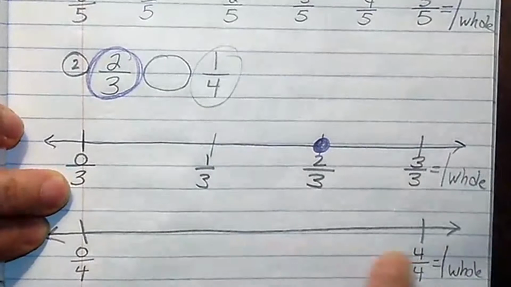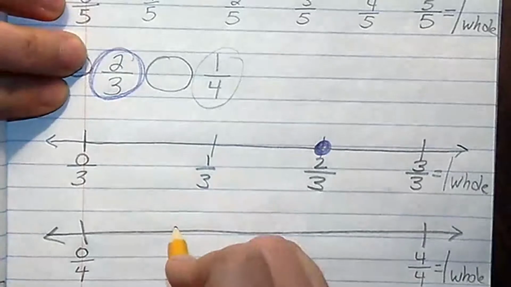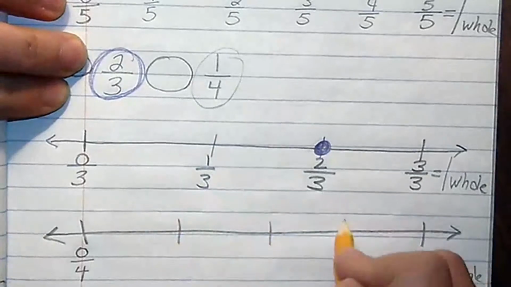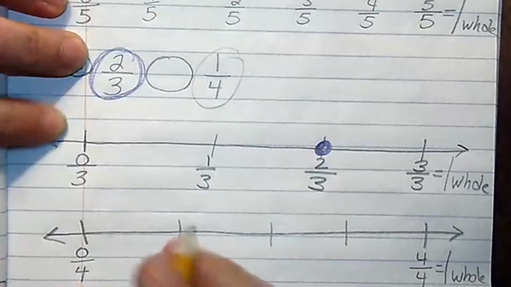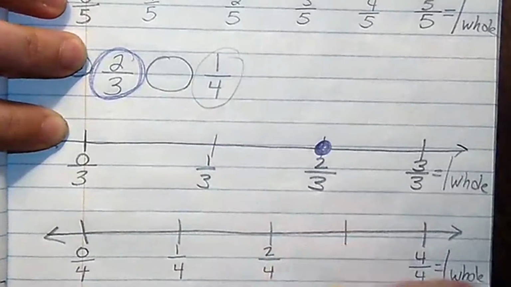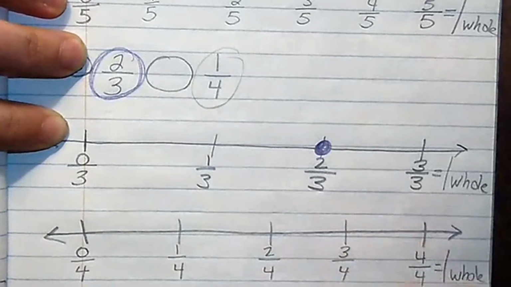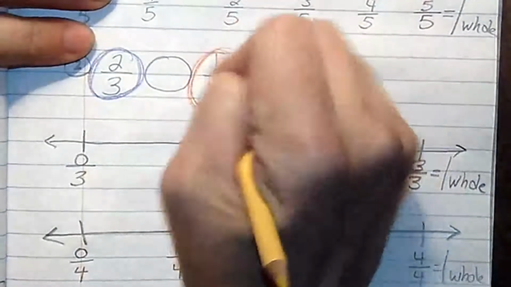Now, to make fourths, how many lines do I have to draw? 3 lines down. 1, 2, 3. And I'm going to label them in fourths. 0/4, 1/4, 2/4, 3/4, and 4/4. Now, my second fraction says 1/4.